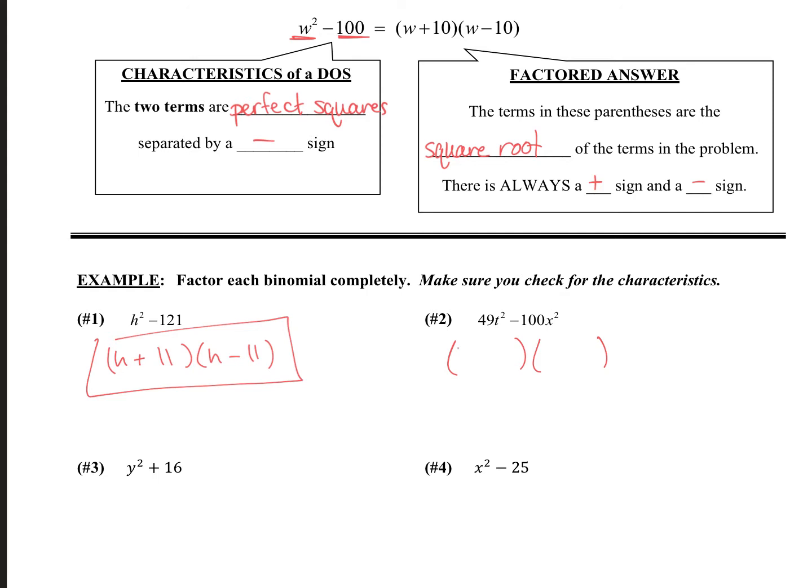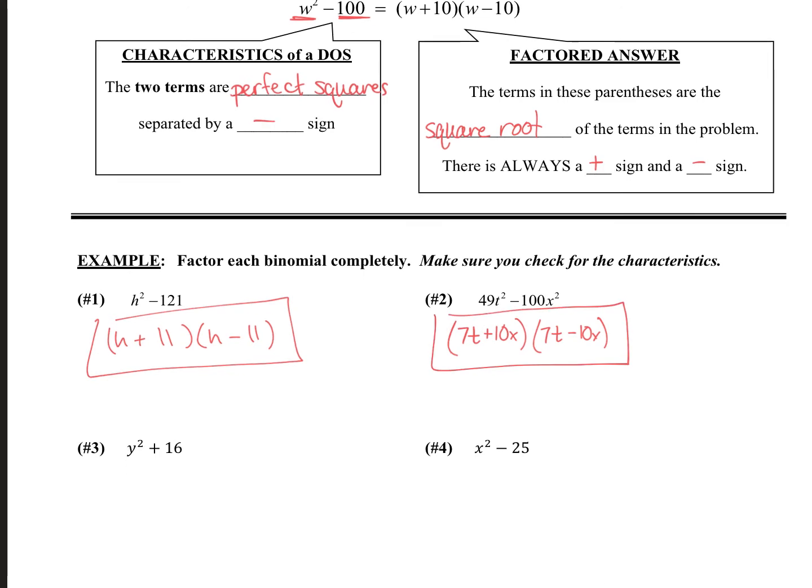So we have a 7t here and a 7t here, and then we add and subtract. Then we ask, what's the square root of the second term? 100 is a perfect square, and x squared is a perfect square. The square root of 100 is 10, and the square root of x squared is just x. So we have 10x and 10x, and that's all we have to do for this one.